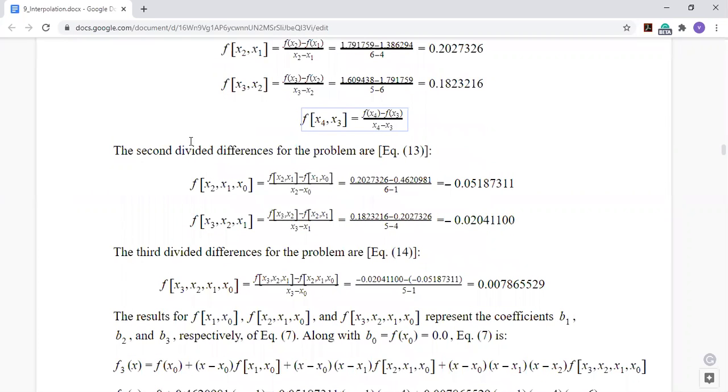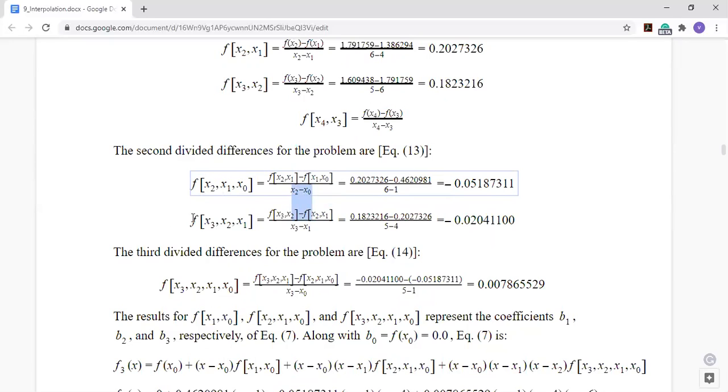So for the second divided difference, we need this f of x2, x1, x0. Then we need f of x3, x2, x1. So the equation to calculate f of x2, x1, x0 is simply f of x2, x1 minus f of x1, x0 divided by x2 minus x0.